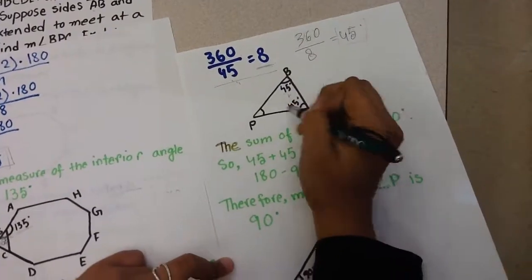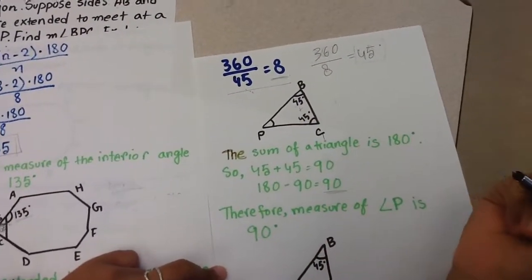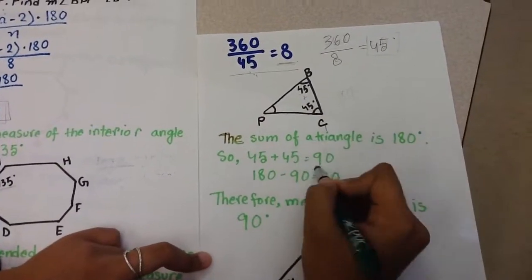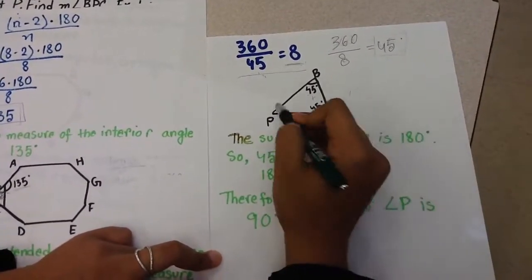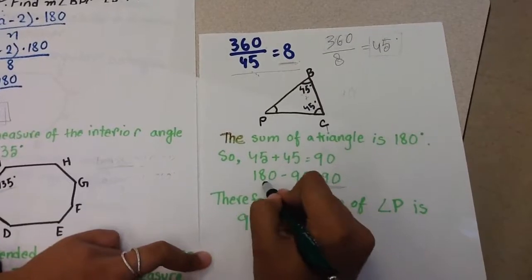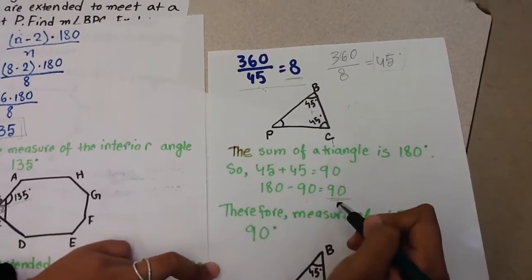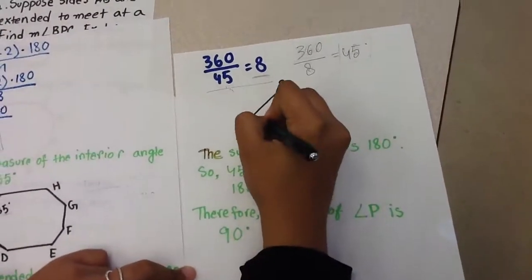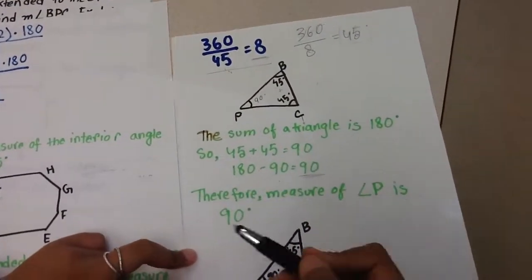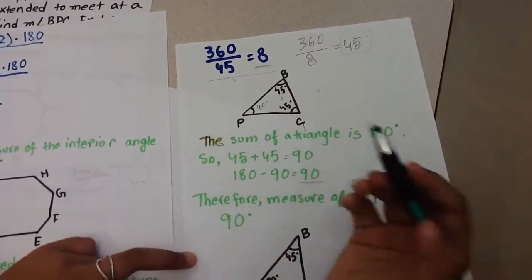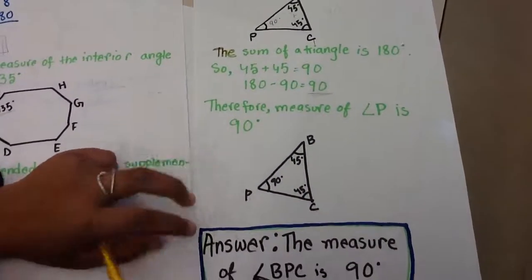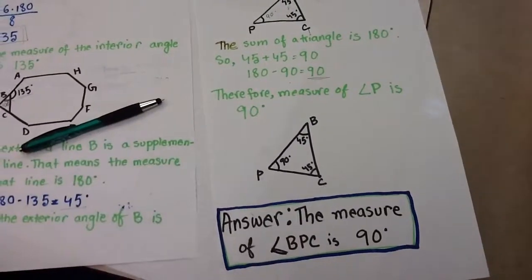So we can just add 45 plus 45, which equals 90, and then since the sum is 180 degrees, 180 minus 90 equals 90. Therefore, the measure of angle P is 90 degrees. So this is just an enlarged picture, and the answer is 90 degrees.